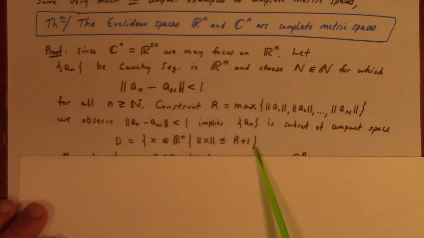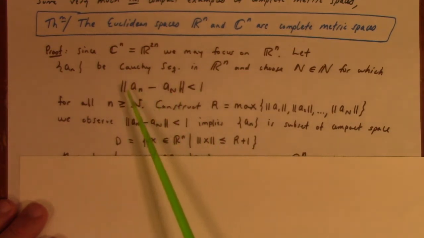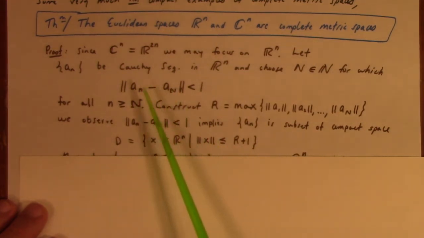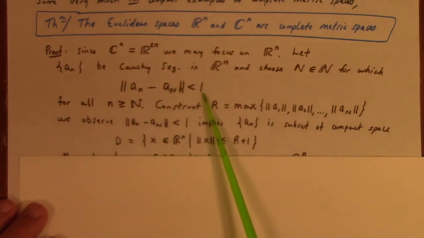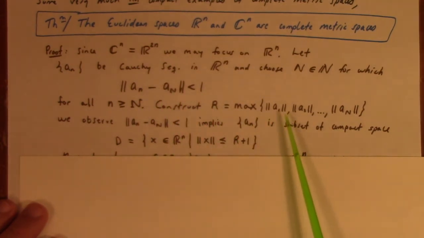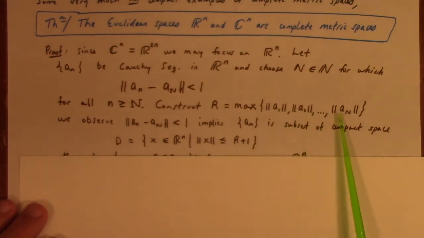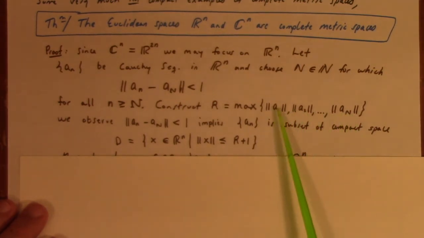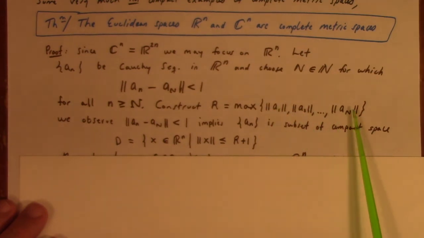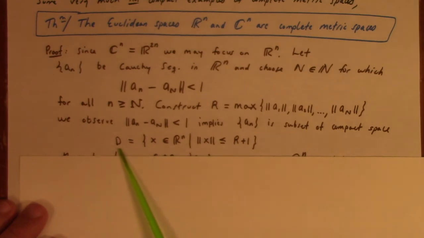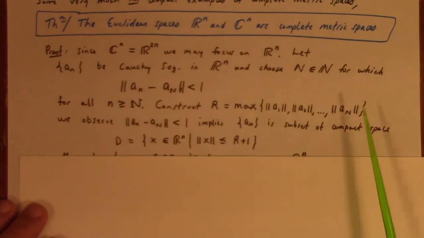So if I look at the R plus 1 disk, if you will, or closed ball in Rn, then because the distance between successive elements of the sequence can't be larger than distance 1 apart, it means that if I take the furthest of the sequence elements from the origin, then surely you can't go more than one more unit away from the origin. And so it makes sense that this closed disk would contain the whole range of the sequence. Don't ask me to visualize it.